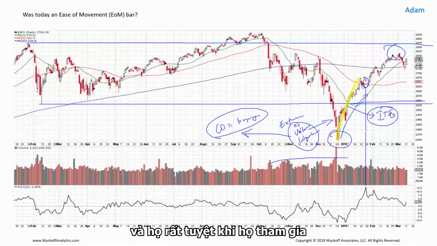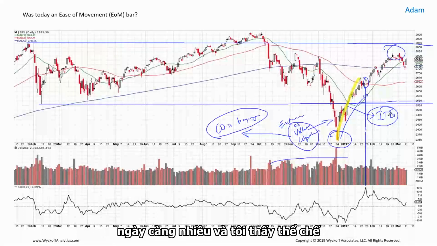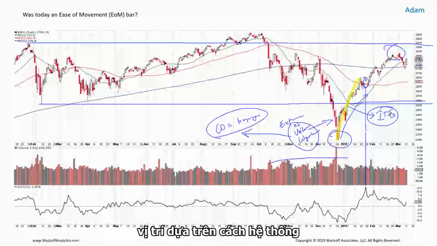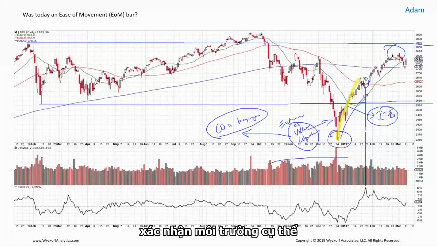And they're getting into the position gradually just based on their level of confidence in their systems, as the system basically tells them, okay, expose yourself more, more, more, and more. I see institutional systems are often based on this confirmation of the system signals. So asset allocation is based on how the system confirms a specific environment.